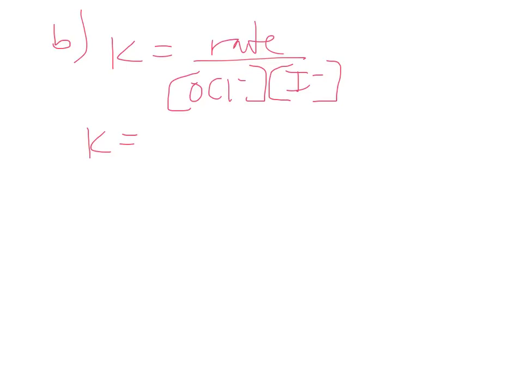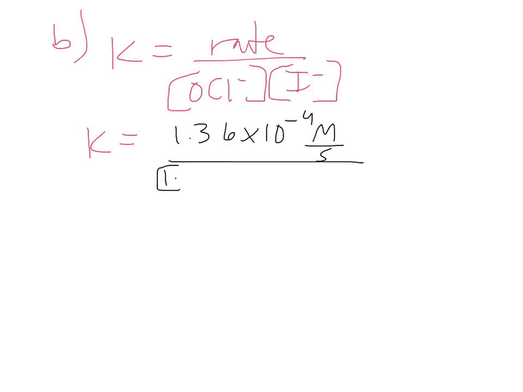I'm going to use the rate of 1.36 times 10 to the negative fourth molar per second, divided by the two concentrations corresponding to this rate, which are 1.5 times 10 to the negative third molar and 1.5 times 10 to the negative third molar for your I minus concentration as well.